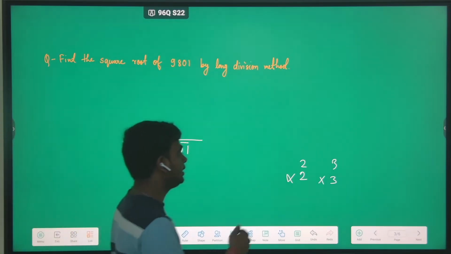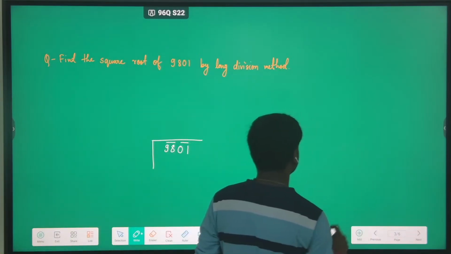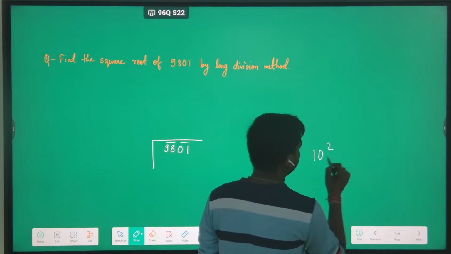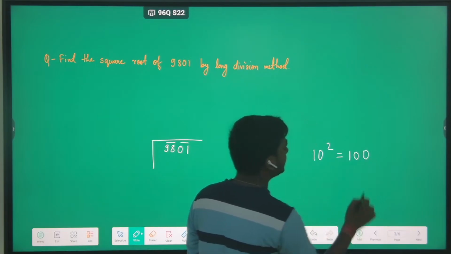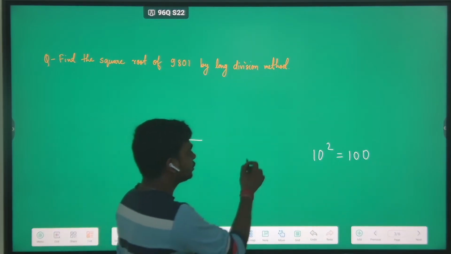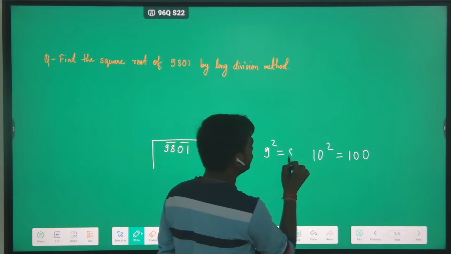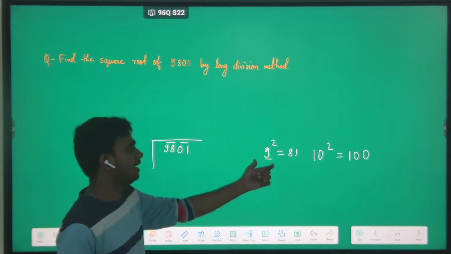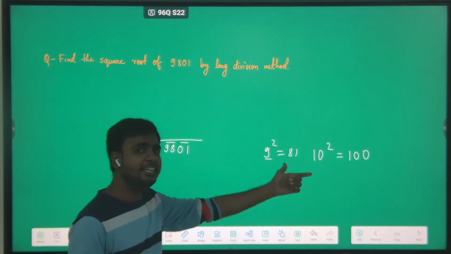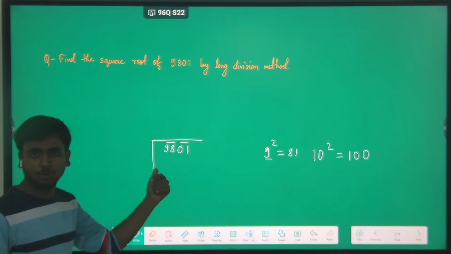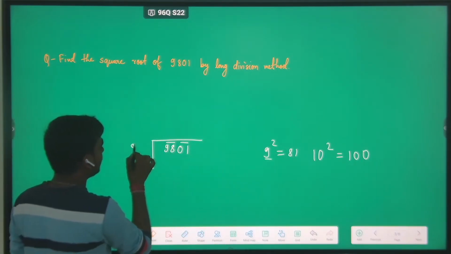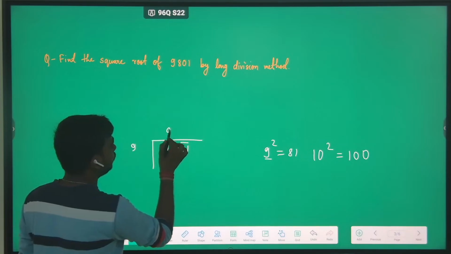Okay. So let us suppose what we can do. We know that 10 square is 100. 10 into 10 is 100. 9 square is 81. So 9 is the number whose square is 81, which is nearest to 98. Okay. So we will write 9 into 9.